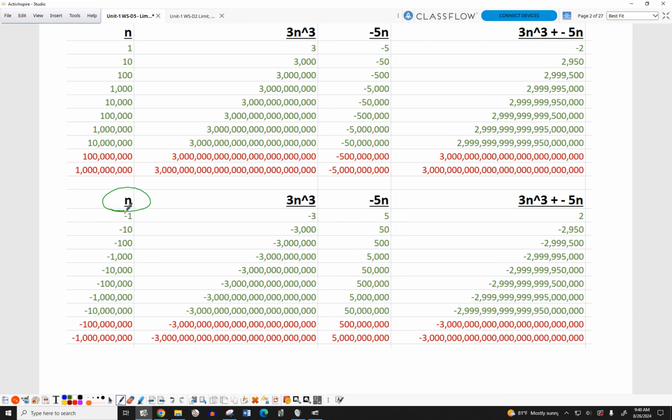It's becoming increasingly negative. This is just -5 times that x. So you can see how that grows. This is 3 times that x cubed. And the idea is to notice how much more dramatically that grows than the other.